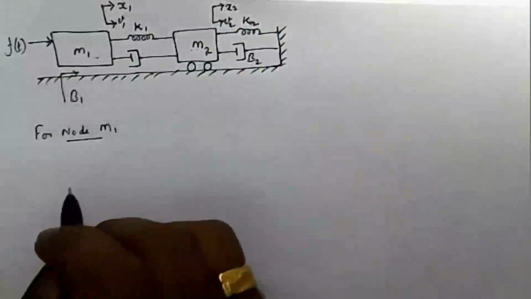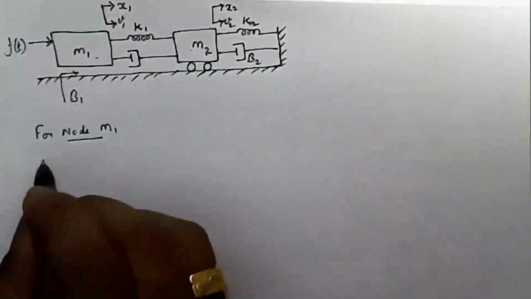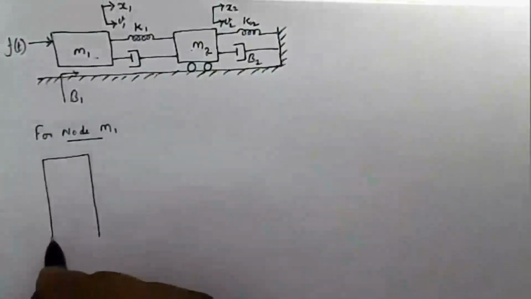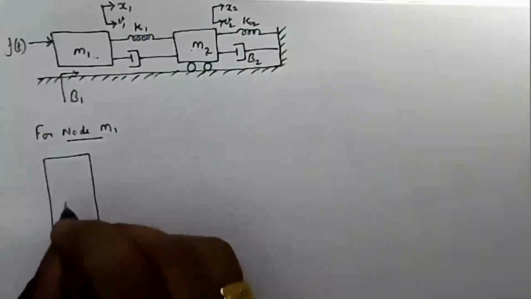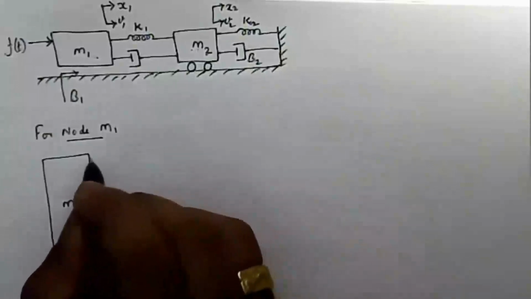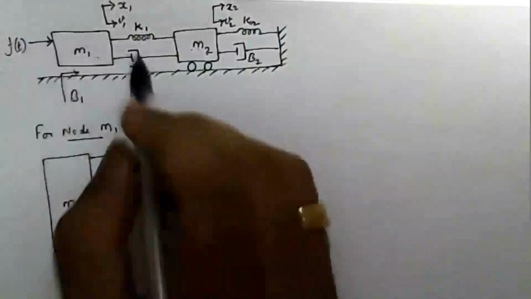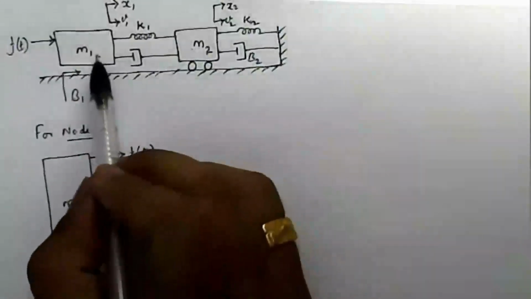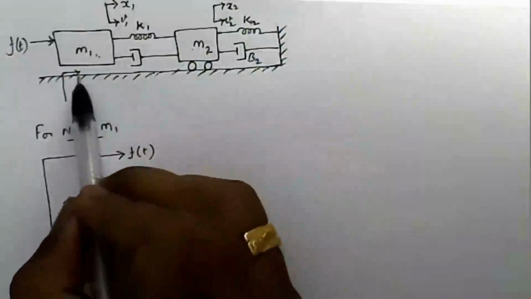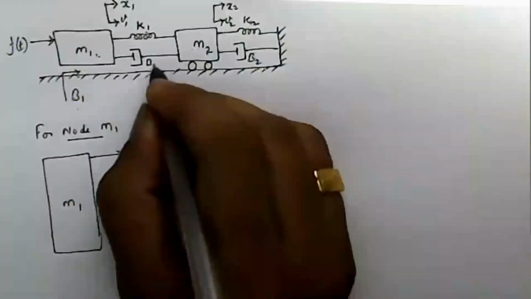Before writing the differential equation, draw the free body diagram. M1, here the applied force F of t. The opposite forces are the mass element M1 itself, B1 is a frictional element, K1, then B12.